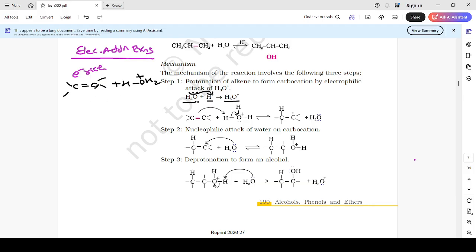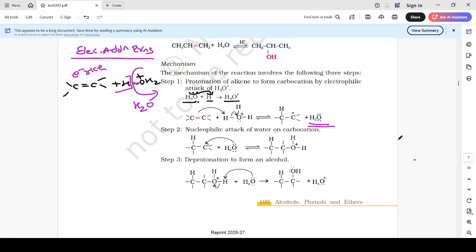So what's going to happen here? We are going to remove this hydrogen as H plus, so that this oxygen retains its bond pair and can very easily get removed as water. Ma'am, why does it undergo electrophilic addition reaction again?